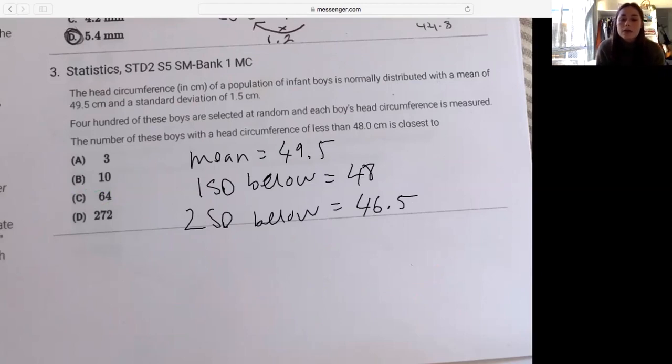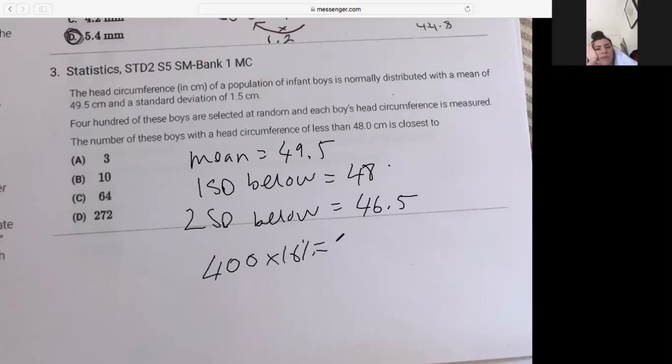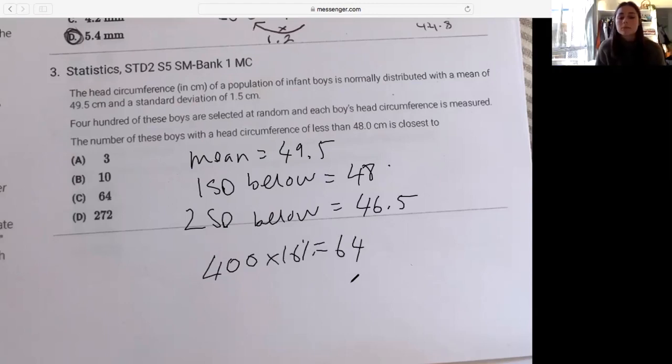So you'd have to go between -1 and 1 standard deviation is 68%. And so below 1 standard deviation will be 16%. So 400 times 16% is 64. So you could just do it in your head like that. But for me, it's so much easier just to draw it and then I can see.